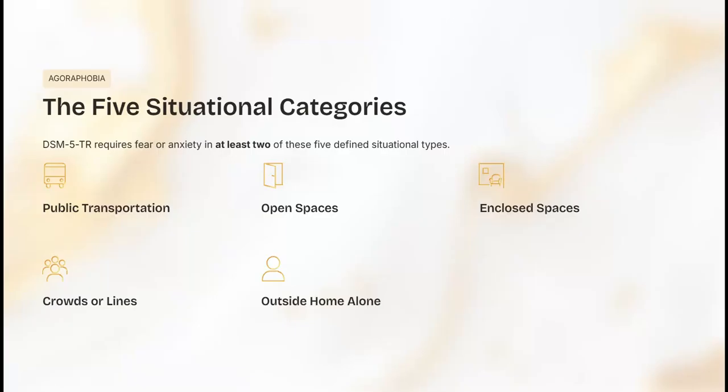Going with somebody is still very hard, but at least there's somebody who can save them if they need to. If there's nobody there, they have an increased sense of danger. Knowing these situational categories can help patients with agoraphobia, because then exposure therapy is geared towards these situations for them.